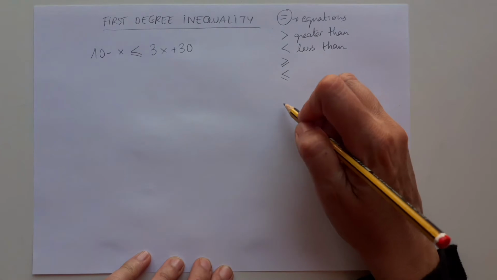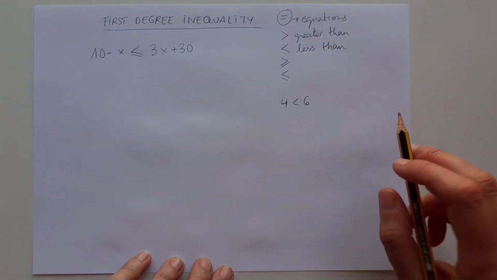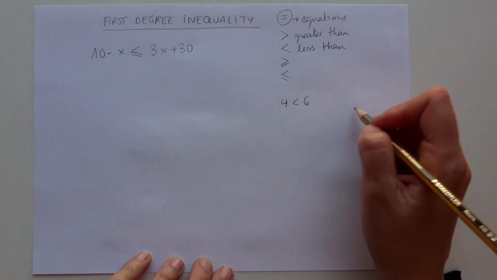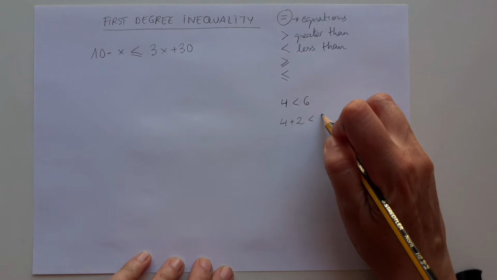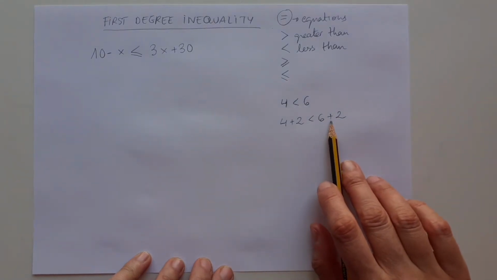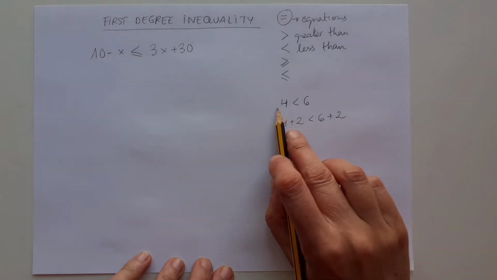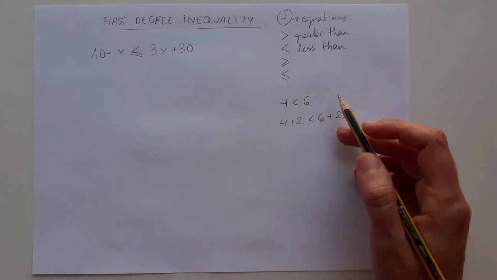Let's say that we have that 4 is less than 6. This is true, right? If we add a number on both sides, like for example 4 plus 2, 6 plus 2. In an equation, this works all the time, right? When we do the same thing on one side and the other side, the equality doesn't change, it remains true.